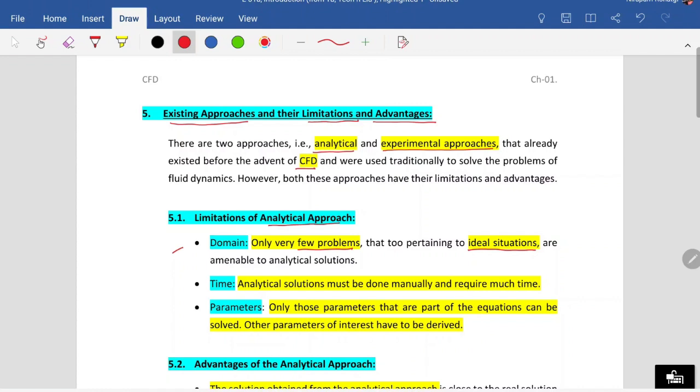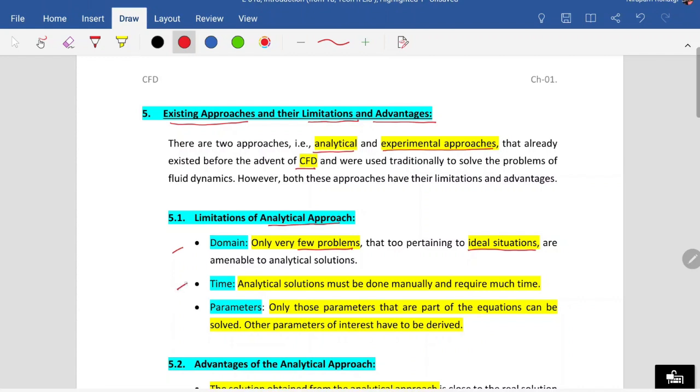The moment the real life problems start coming into play, you can write their differential equation, no doubt, but you cannot solve them. To solve them, you have to simplify. It's something like you take away viscosity from the whole issue. But real life viscosity is there. So you can solve a problem forgetting about viscosity in an analytical approach, but that does not give you the real life solution. Okay, so that is the limitation of analytical approach.